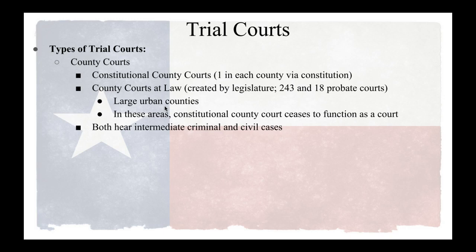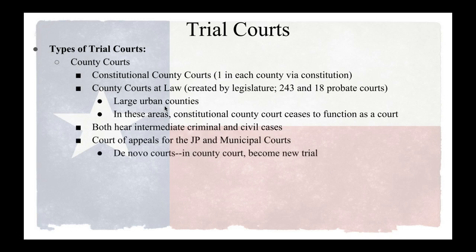And so they're going to deal with more of an intermediate nature of cases. They also serve as the Court of Appeals for the JP and the municipal courts. And so typically, and I've said this a moment ago, appellate courts do not retry cases.